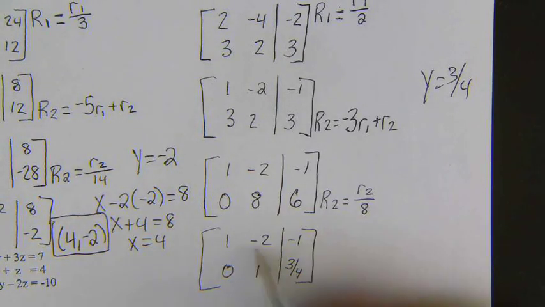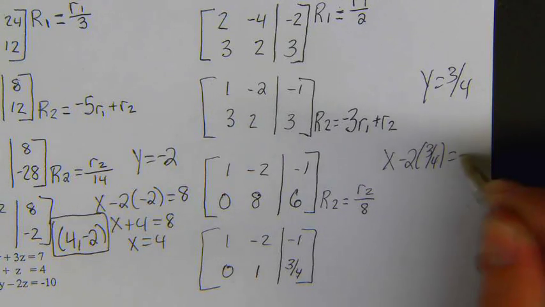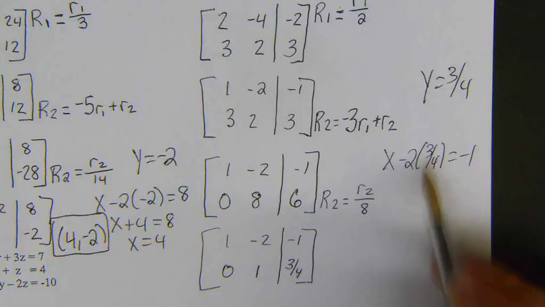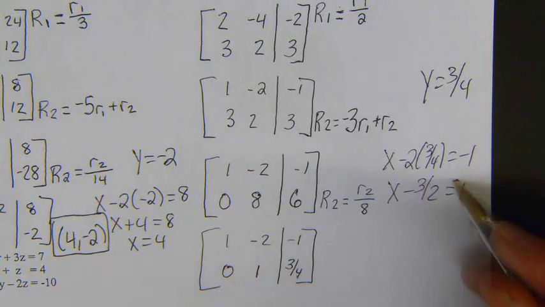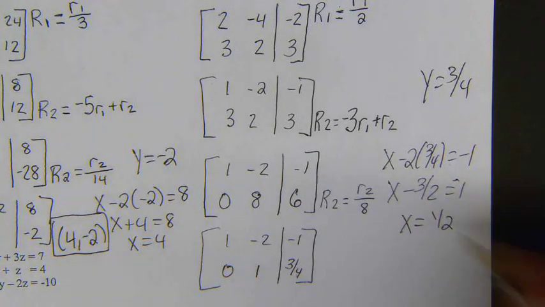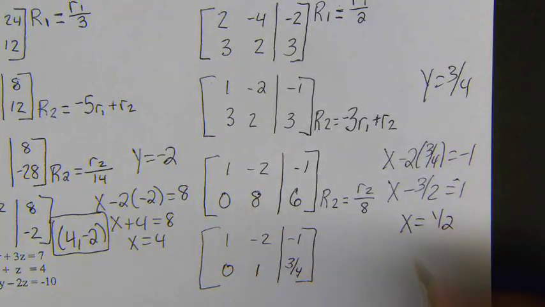We can say x minus 2 times 3/4 equals -1. We have to deal with the fraction here, of course. So that'd be 6/4. x minus 3/2 equals -1. Add the 3/2 and we get 1/2. So we have 1/2, 3/4 as our final answer.